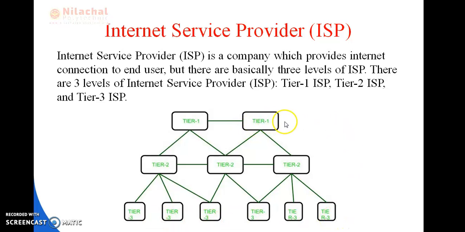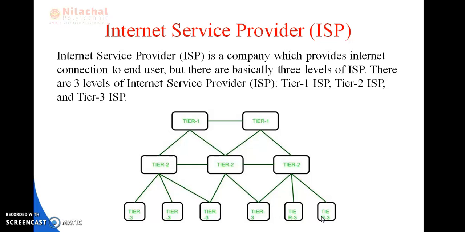Tier 1 is our Tata company or many more companies who are providing the internet. Then these are the ISP companies who are providing to the mini ISP companies. In tier 3, companies are giving internet to us, the public, and for that they are charging some amount.